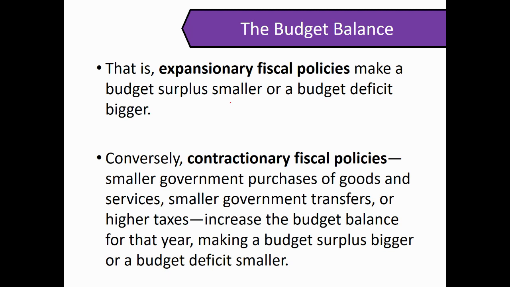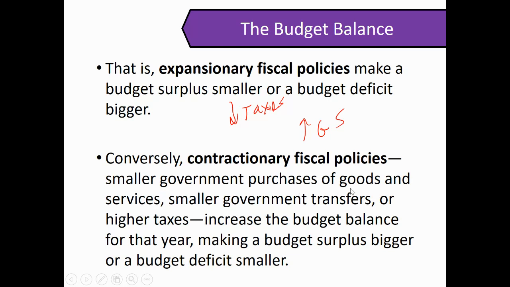So here we're decreasing our taxes and we're increasing government spending. Well, that's sort of like if we work less hours and make less money, but we spend more, which puts us in debt. Contractionary policies do the exact opposite. The contractionary policies we know will increase our government's tax revenue and decrease government spending.